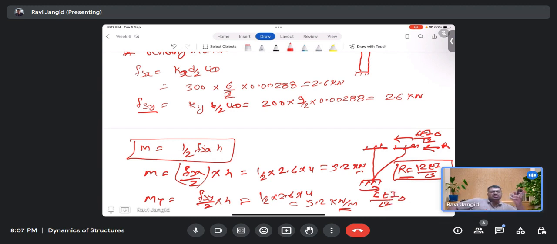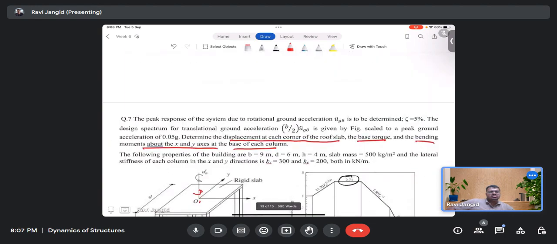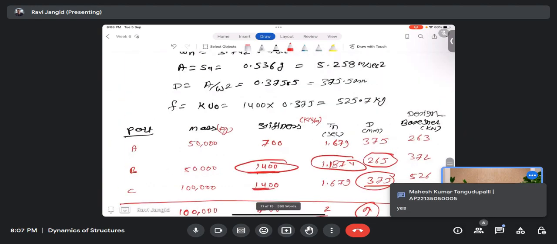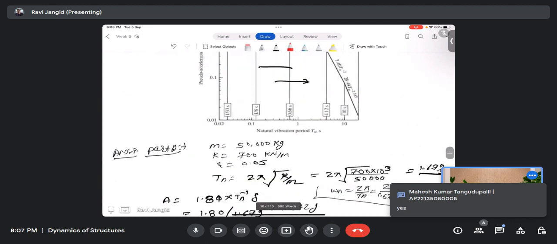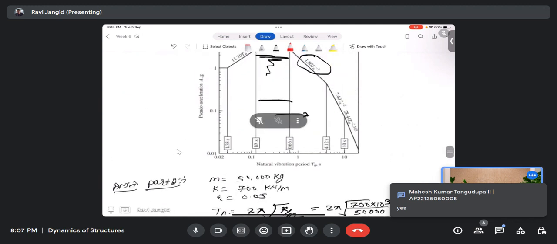You only need to find out the time period, find the corresponding spectral acceleration, find out the peak response, and then the base shear. And if some questions also ask for the bending stress, that is the same. Anything? Or should I conclude the session? If you don't have any doubt, you can leave the session.